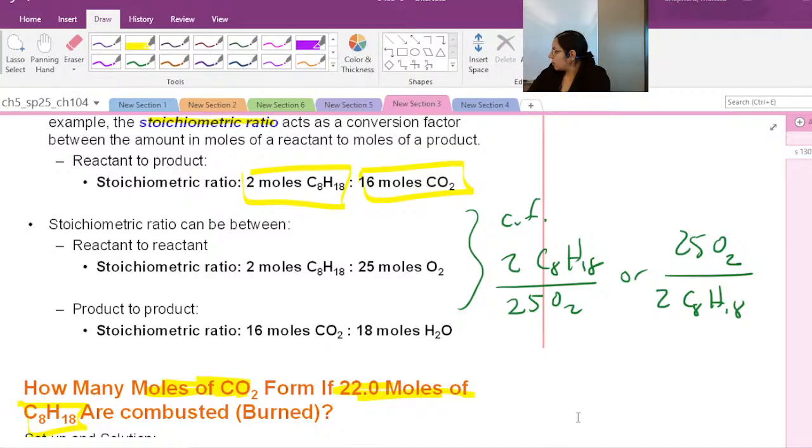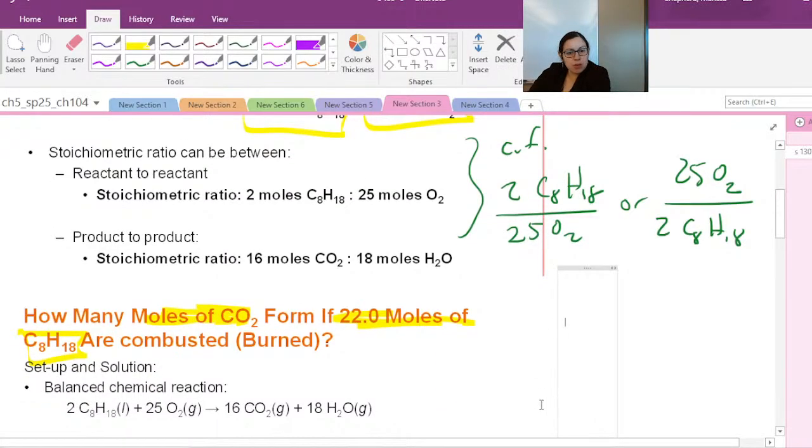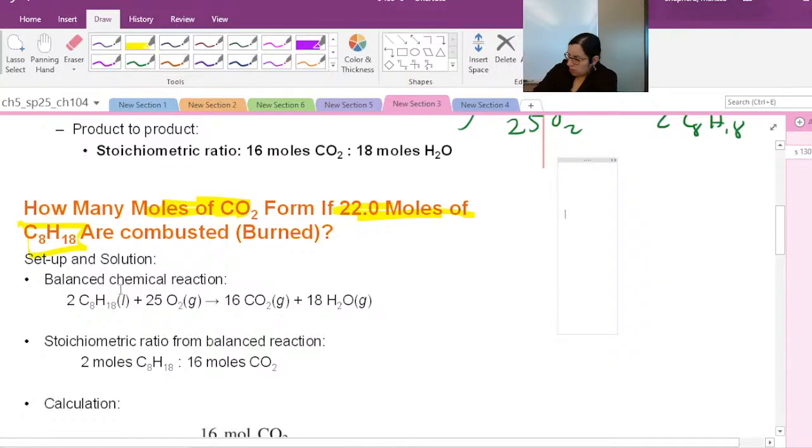So let's see how y'all are doing. They outline the solution for us. Again, you had your balanced equation, and then you look at what it's asking for. We're comparing moles of CO2 to moles of octane, so I would look at those.